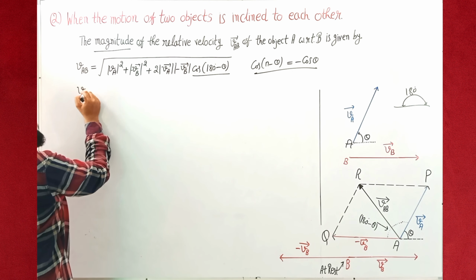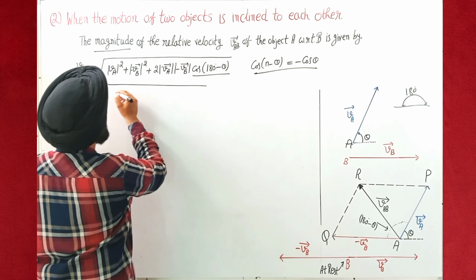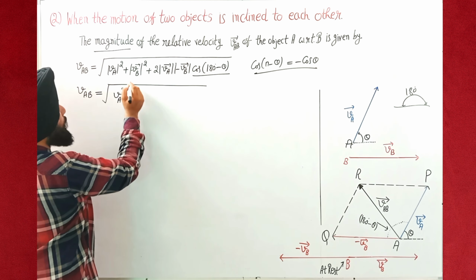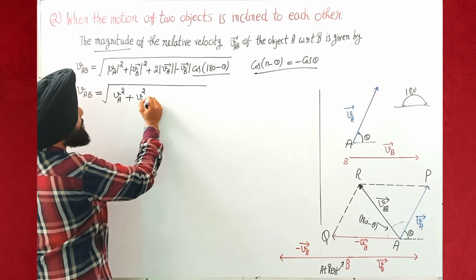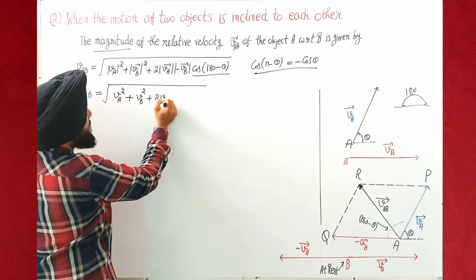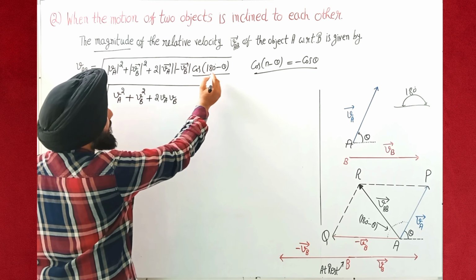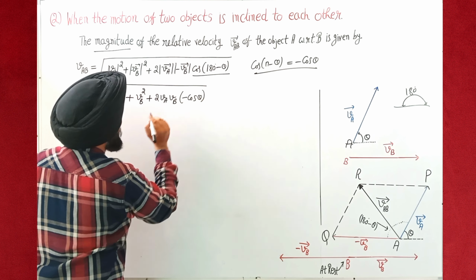So V_AB equal to square root of V_A squared plus V_B squared plus 2 V_A V_B times cos 180 minus theta, which is minus cos theta.